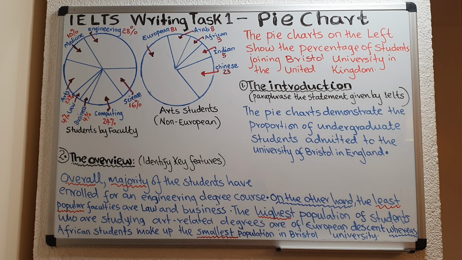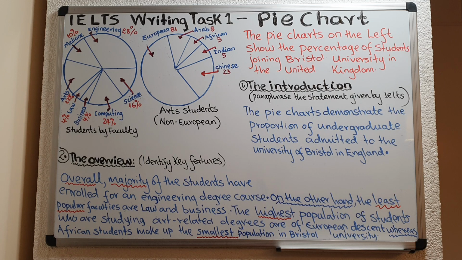Remember, do not simply copy IELTS statement as your own. IELTS will not accept it because it is not your own. So you will not score any marks if you simply copy the pie charts on the left show the percentage of students joining Bristol University in the United Kingdom. Instead, you need to rewrite IELTS statement in your own words.